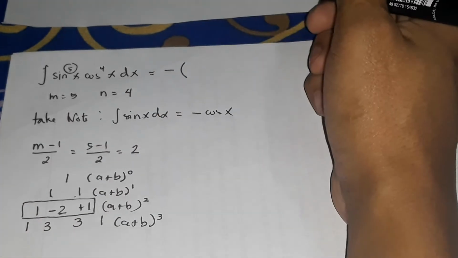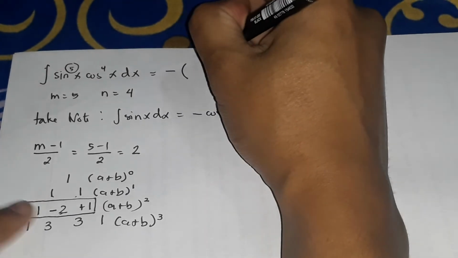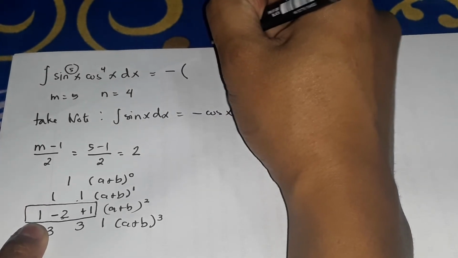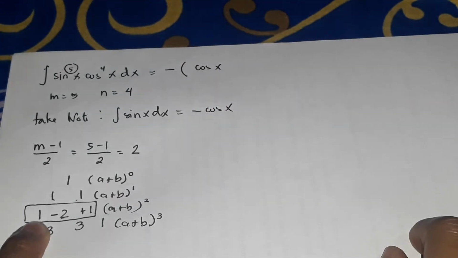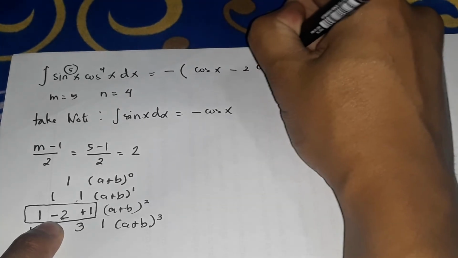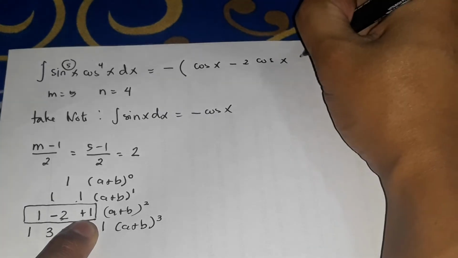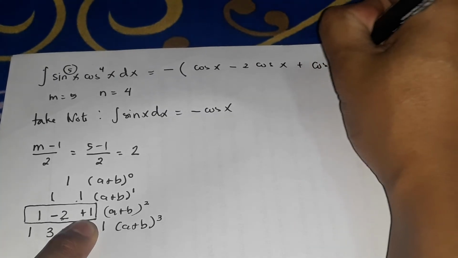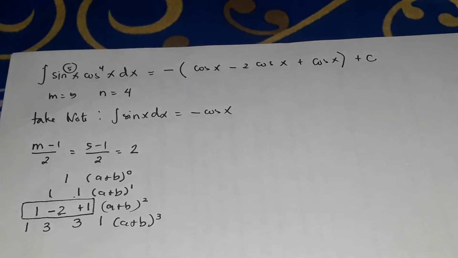So I'll start with 1 cosine of x, then minus 2 cosine of x, then plus 1 cosine of x, close parenthesis, and then plus c. Do not forget to write c at the end.